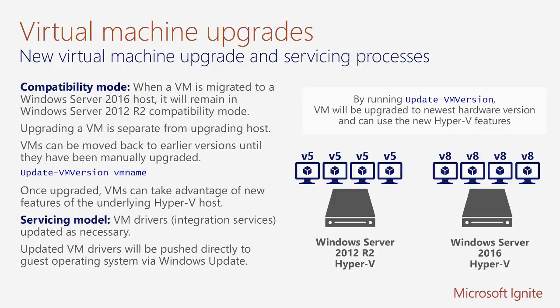The great thing about having a virtual machine at a previous version is we provide a complete compatibility guarantee. So what does this mean? This means I can sit down at a Windows Server 2016 host and say, I want to create a new virtual machine. Can you make it a version 5 virtual machine? And we'll do that for you. And I can go in and install my software.